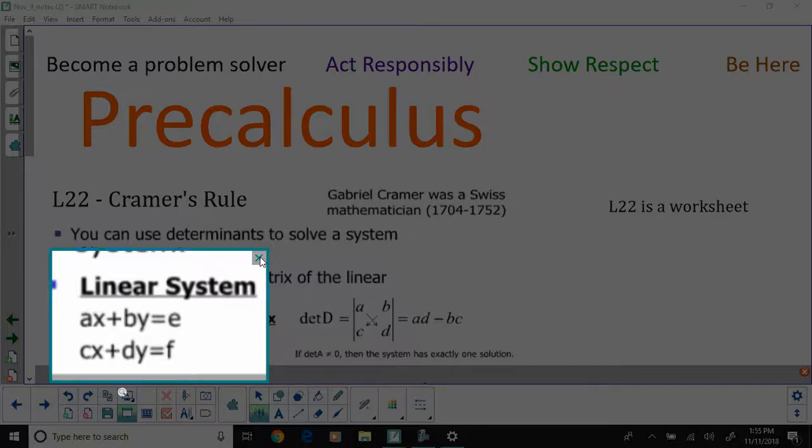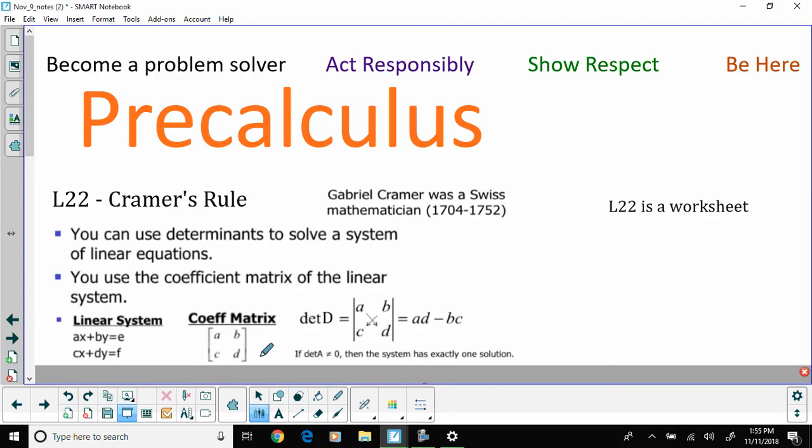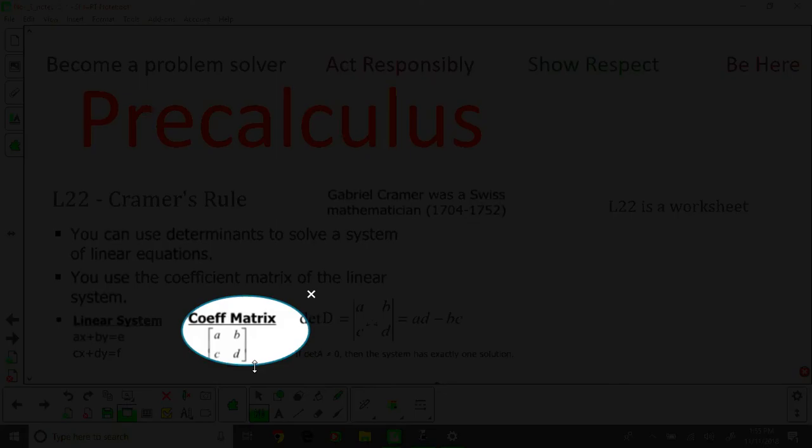Notice I have the x and y's lined up first. So I just look at the coefficient matrix. This guy right here. See that matrix? That's what I'm talking about.